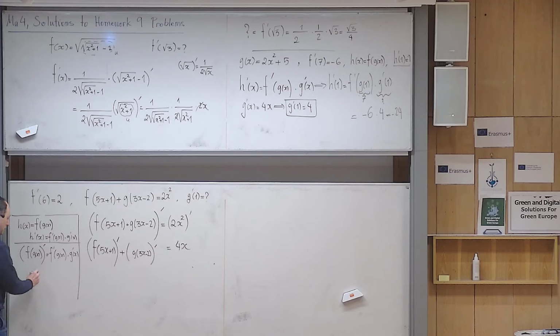For example, is there any difference between f of x totally prime or f prime of x? No. Because here g of x is x, so there is no difference between this one and that one, because if g of x is x, g prime of x is guaranteed to be 1. Yes, so if you have x here, between this and that there is no difference.